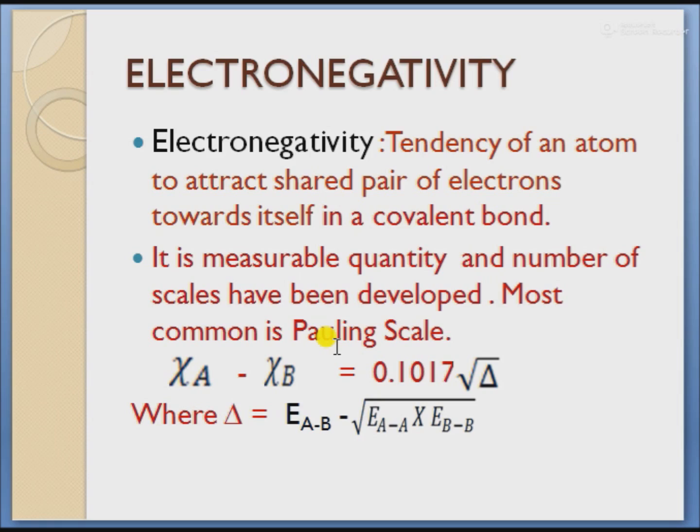In the same way, the more electronegative atom has a tendency to attract the shared pair towards itself, like in the case of NH3. Nitrogen is more electronegative than hydrogen, and nitrogen attracts the shared pair of the bond towards itself.